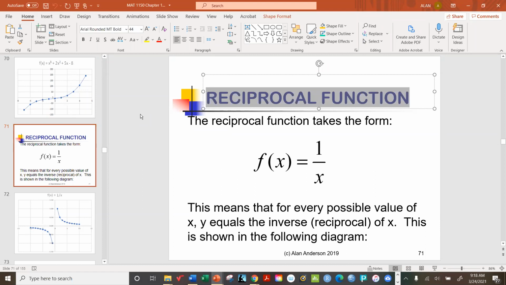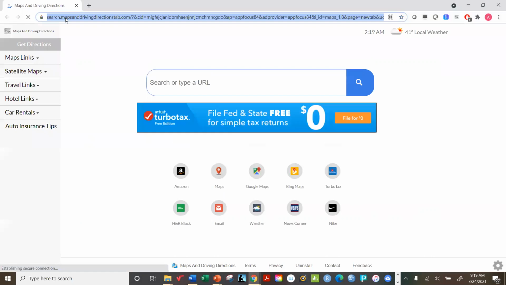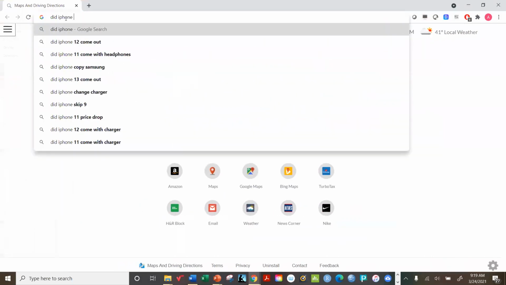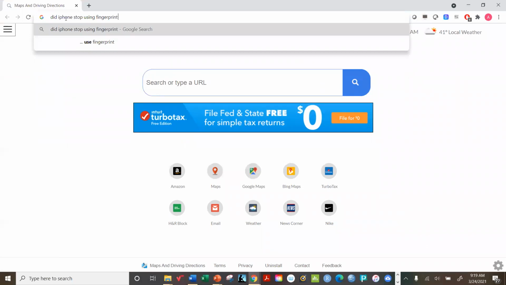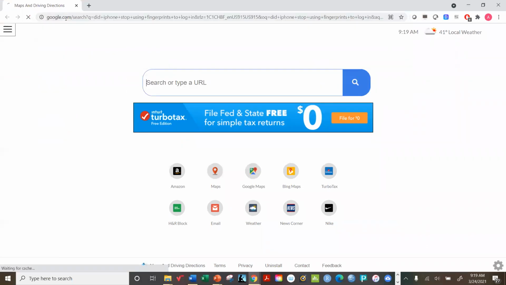Does anyone happen to know anything about that? Did they finally give up on it? Hold on one second. I think we can spare 30 seconds for something silly like this. iPhone stop using fingerprints to log in.